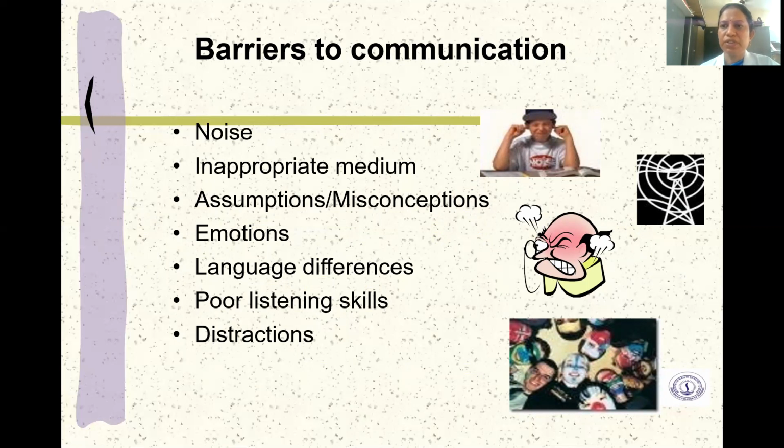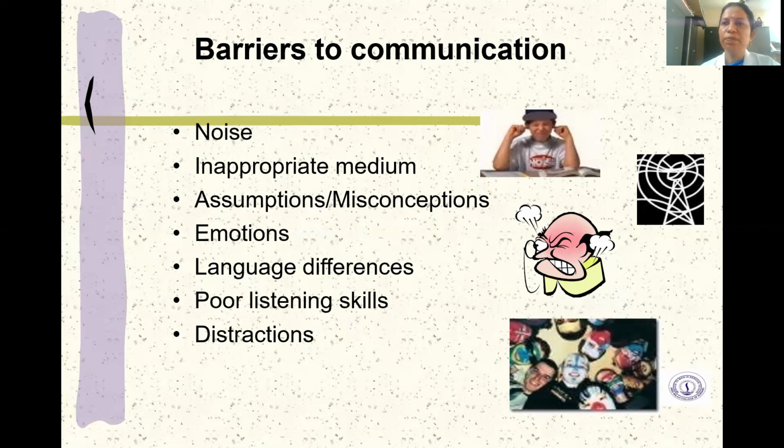Assumptions or misconceptions. If the teacher is not explaining clearly in an understandable way, suppose it's a maths problem and she does not put the solutions clearly and properly, then the students will not understand. So there should be no ifs and buts. There should be clear concepts, in an understandable way.